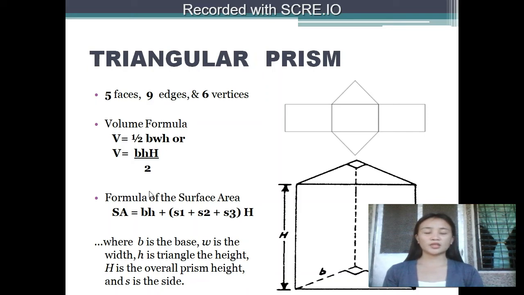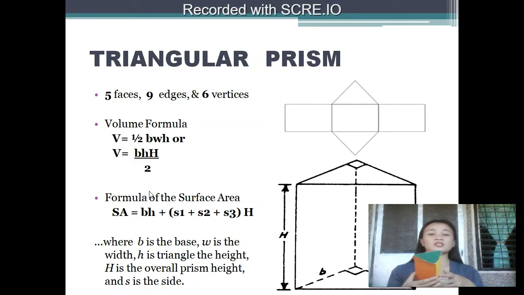Then the formula of the surface area is SA is equal to BH plus S1 plus S2 plus S3 times big letter H, where B is the base, W is the width, H is the height, small letter h is the height of the triangle, and big letter H is the height of the overall prism.